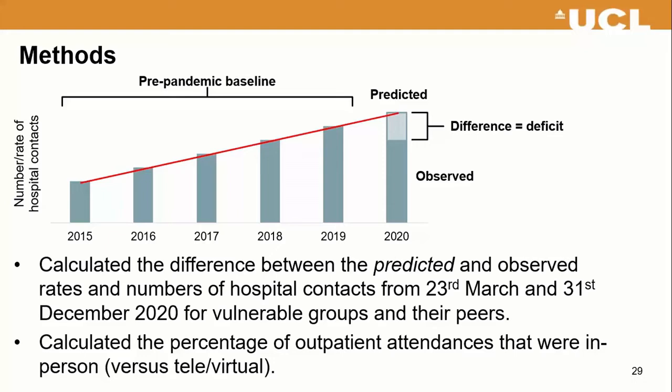So all of this research was related to a 9-month period between 23rd of March, which was the beginning of the COVID lockdowns in England, up until the 31st of December, which was the most recent time point that we had data for at the time of the analysis. Next slide, please.